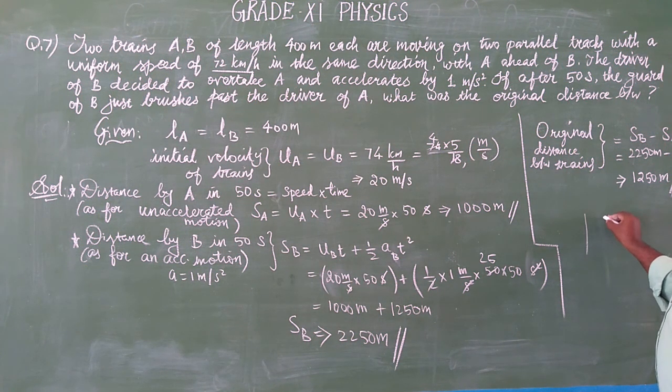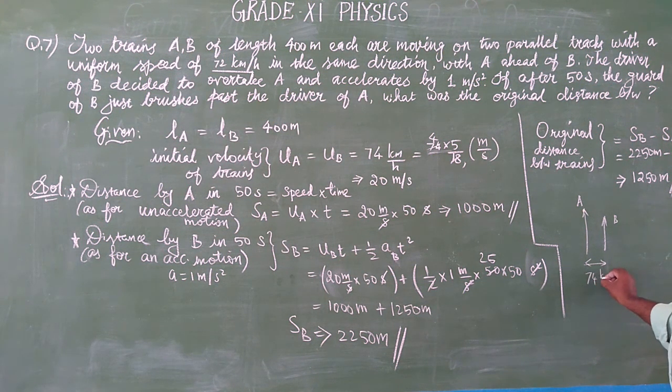Two trains are moving on parallel tracks, both with the same speed of 72 km per hour, and both have the same length of 400 meter. So we don't consider the length. We should consider only one thing.